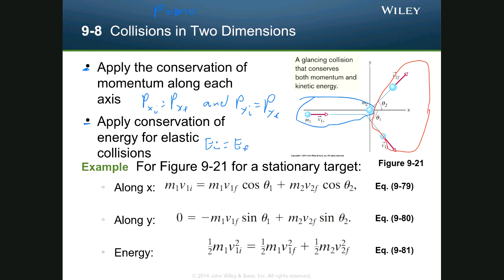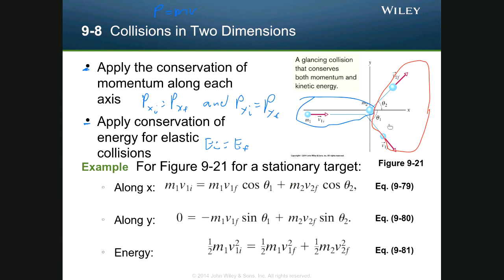There we go. All right, so you notice we have our initial and final situation. You'll just have to pretend with me that mass 1 is in the circle here.